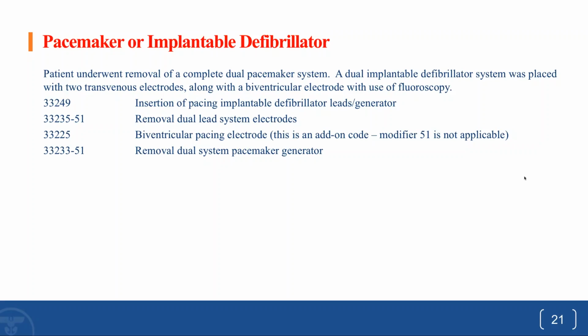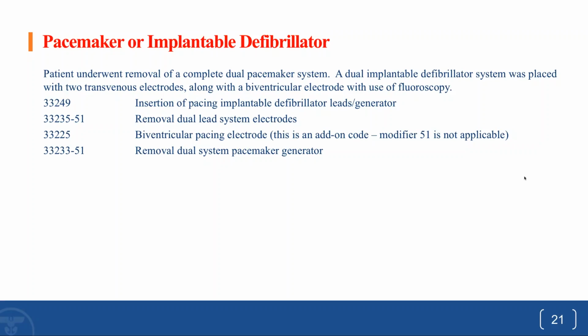So first of all, we know that has to be coded. Removal of a complete dual pacemaker system. If it says system, that means it's the battery and the leads, not just the battery.